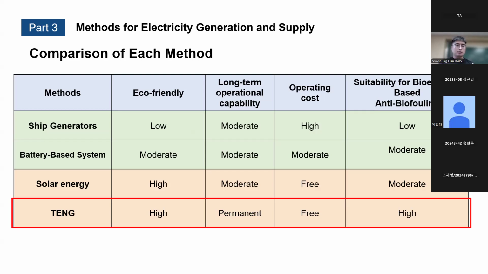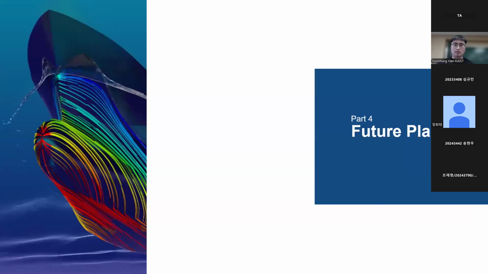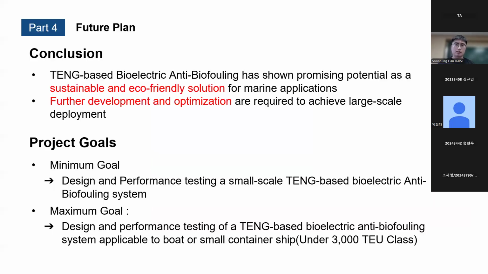Based on the analysis, our firm concluded TENG power is the most sustainable option. However, in conclusion, TENG-based bioelectric anti-fouling has shown promising potential as a sustainable and eco-friendly solution for marine applications. Further development and optimization are required to achieve large-scale deployment.